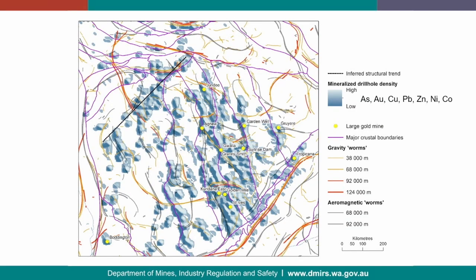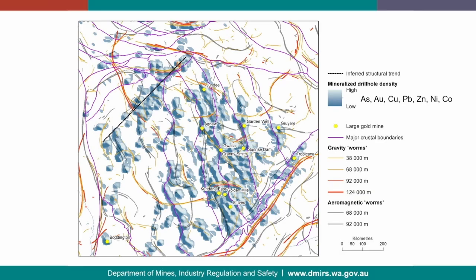Anyway, we removed the isotopic underlay there, and what I'm showing here is a composite image of all of the mineralised drill holes for the 7 commodities that we compiled this mapping for. So this is a way of visualising overall mineralisation trends at a grand scale.